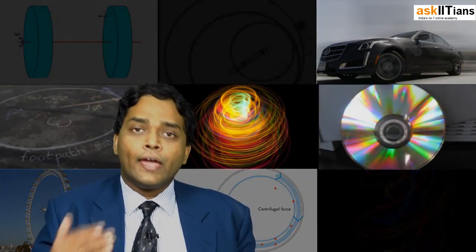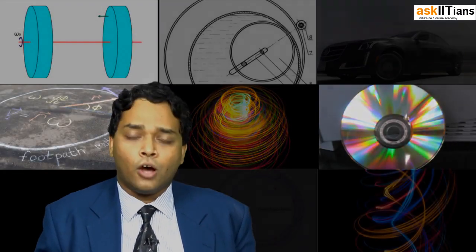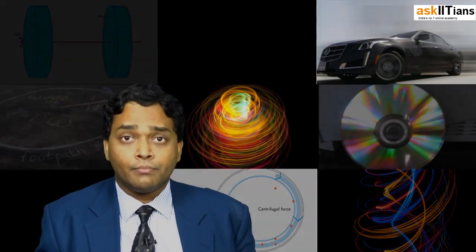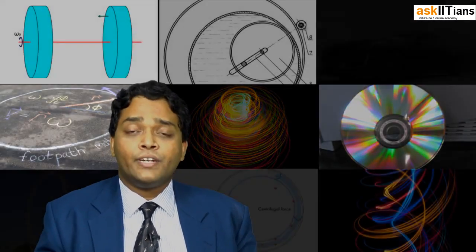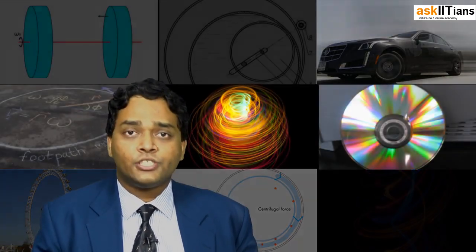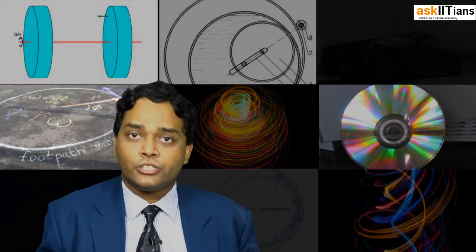Coming further, we understood how the torque is related to the angular momentum of the object. From the concept of angular momentum, we defined the moment of inertia of different objects. We understood how the moment of inertia is an analog of mass and it depends on the radius of gyration.